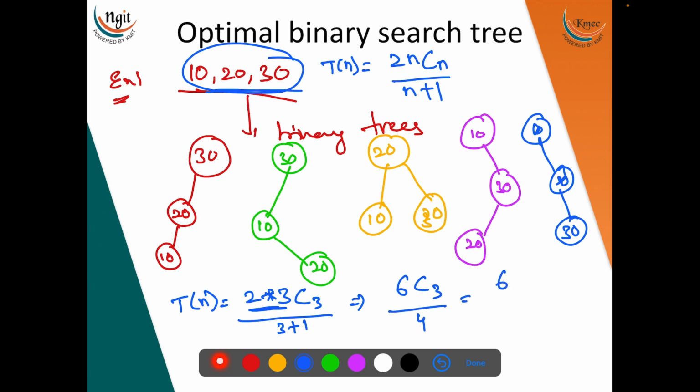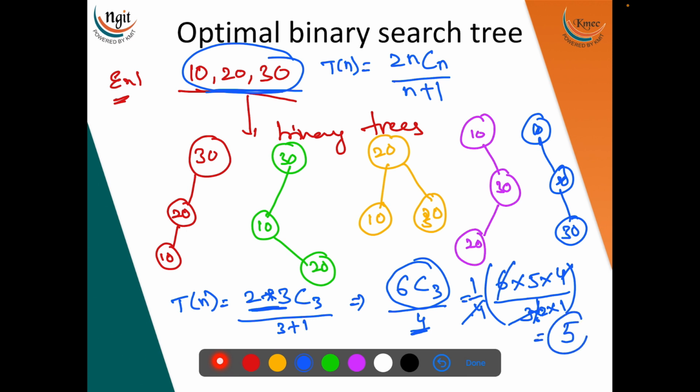Now 6 into 5 into 4 by 3 factorial, into 1 by 4. 3 factorial is 3 into 2 into 1, which is 6. The 6 will get cancelled and the total is 5.